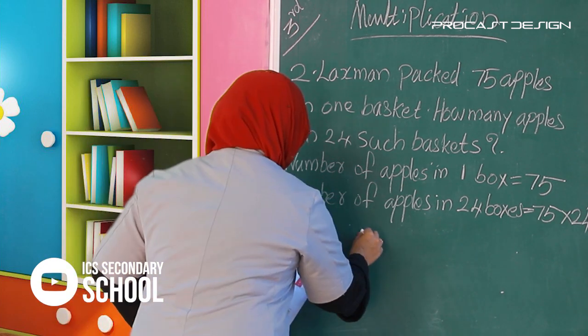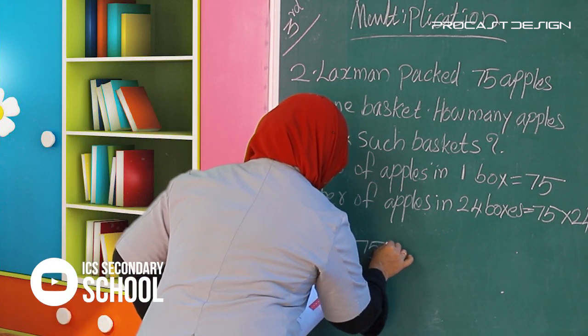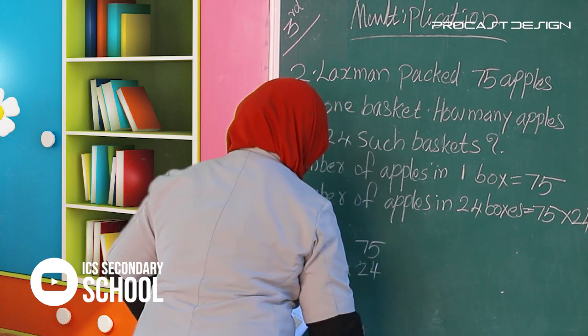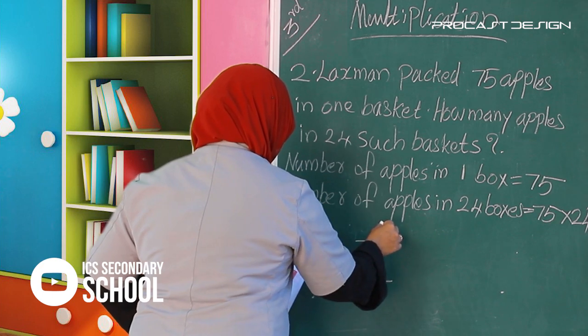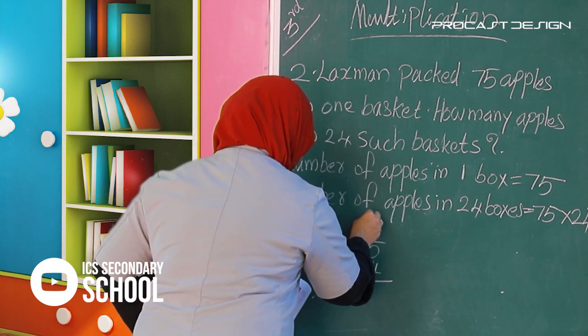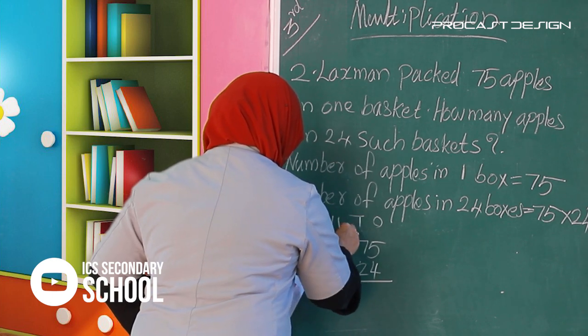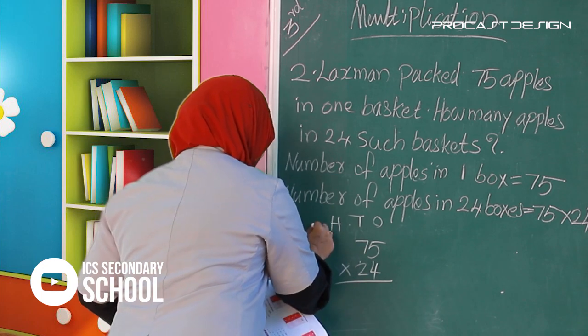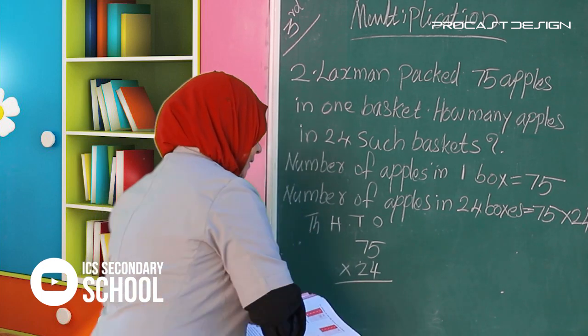Listen. 75 into 24. This is ones, tens, hundreds, and thousands.